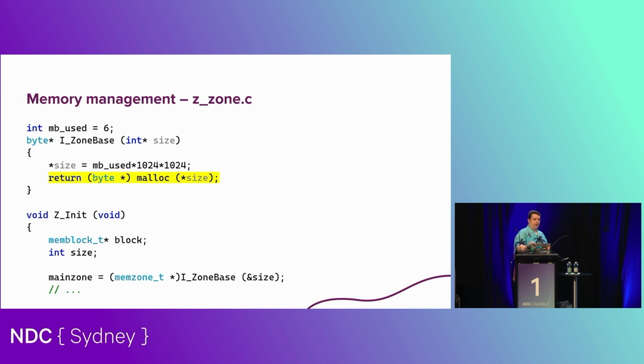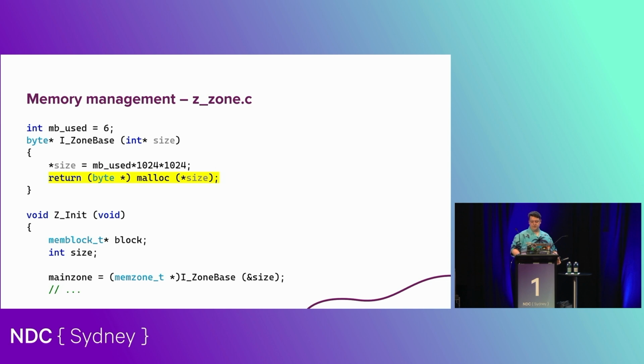By the way, it used to be 4, but this code version also supports Doom 2, which increased the memory usage by 2 megabytes. So now we have a huge chunk of memory that we can use to load all of our data in.